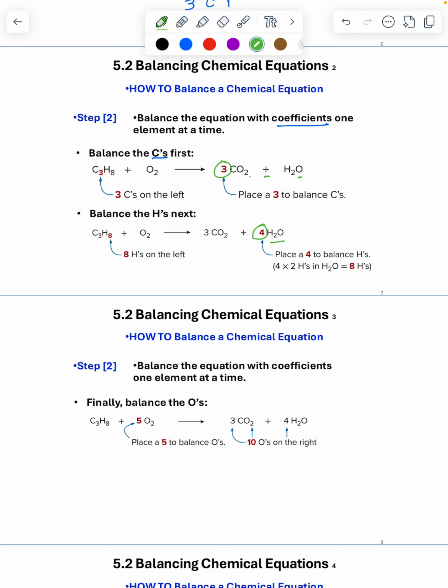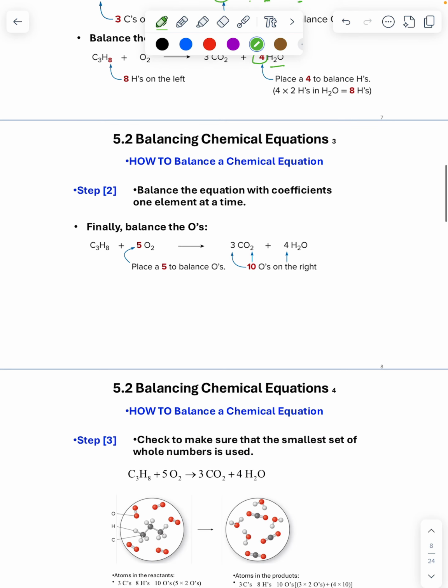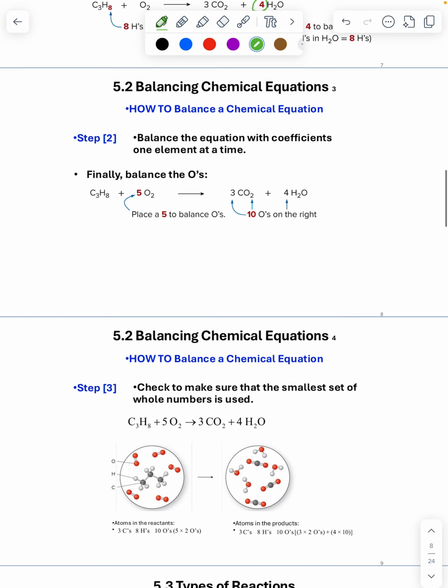All right, finally, we need to balance the oxygens. And so if I were to count how many oxygen I have on the product side, we have this 3 times 2. 3 times 2 is 6. And then there's the plus sign. And then I have 4 times just 1 oxygen, which equals 4.